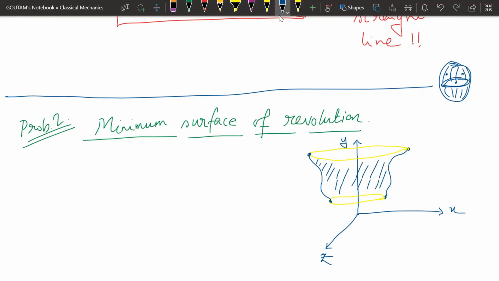We want to find the equation of this curve joining these 2 points such that if we rotate the curve around the y-axis, it covers the surface, and the area of the surface we want to minimize. So let's say this point is point 1, which is x1 y1, and this point is point 2, which is x2 y2.